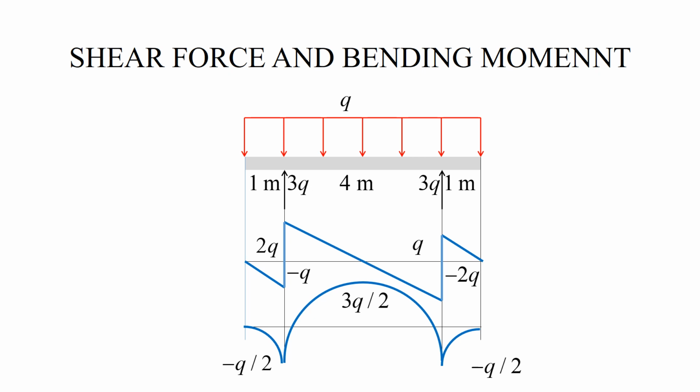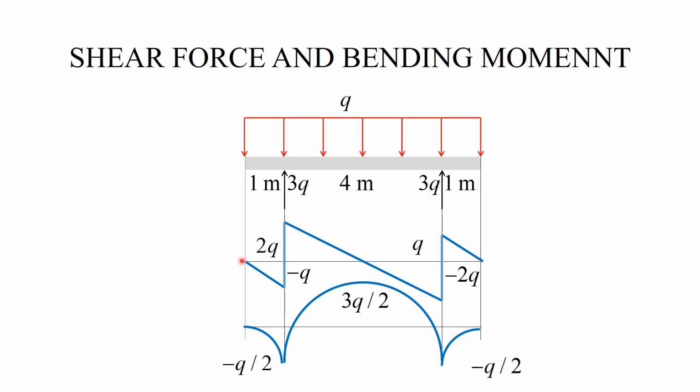Here, I would only like to go over some highlights by convincing you that the shear force and bending moment diagrams are consistent with the free body diagram of the entire beam. Let me start with the shear force diagram.